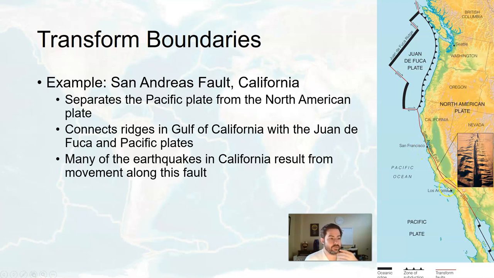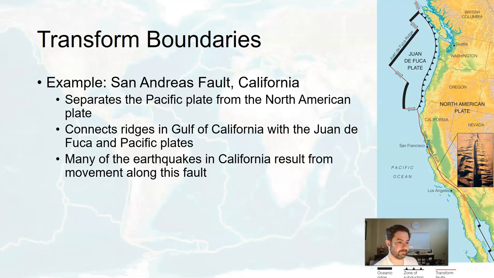So Los Angeles is actually heading north. San Francisco on the North American plate is heading south. Millions of years into the future, those two cities are going to be right next to each other. Now, humans will be gone by that point for a long time, but where those cities were will geographically be next to each other if current movement continues.